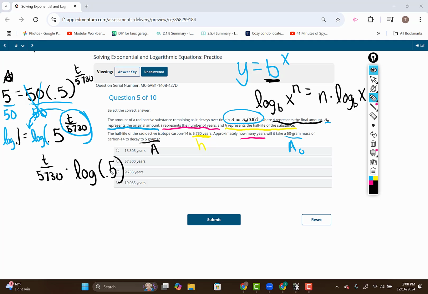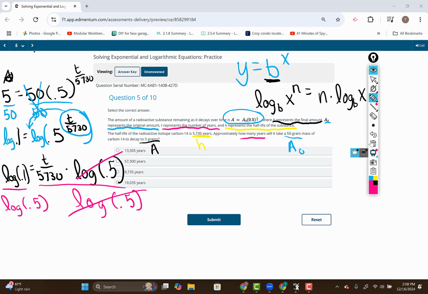And keep in mind, by doing this, we have a base 10 in this problem, which is super helpful. On the left, we just get log of 0.1. We want to avoid putting in anything in the calculator until the very end. So next, to solve for T, we're going to divide both sides by log 0.5. Those are going to cancel.